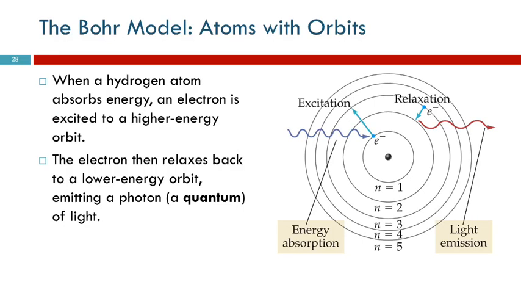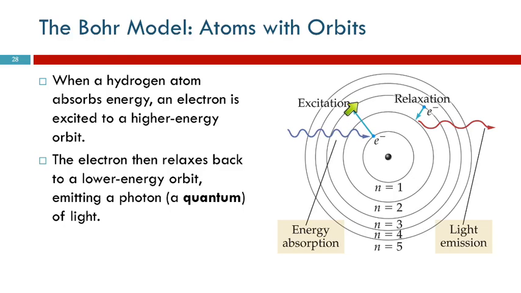So we can use Bohr's model to explain why we get those particular lines in the hydrogen spectrum. When a hydrogen atom absorbs energy, so energy comes in, it's absorbed by an electron. The electron gets extra energy. It can move from this lowest orbit to a higher orbit.